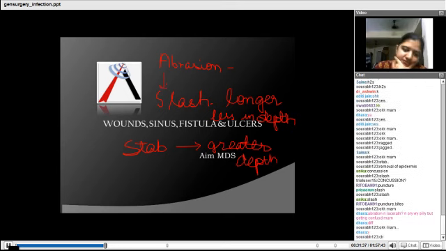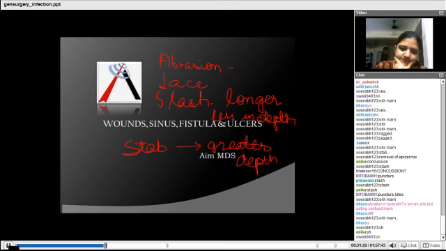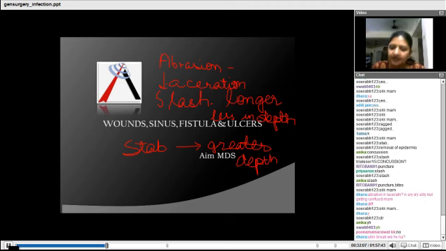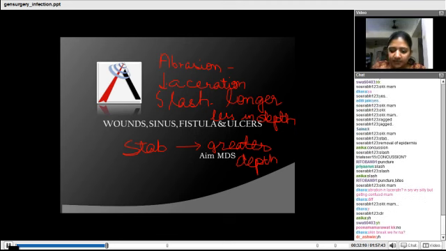Yeah. Now, difference between an abrasion and a laceration. In abrasion, do we have any break in tissue continuity? Forget about whether it is a sharp object, blunt object and all that. A laceration is something where there is going to be a break in the continuity of the skin.